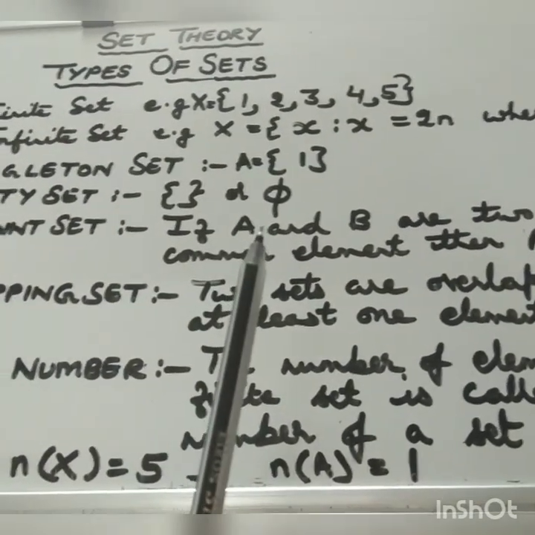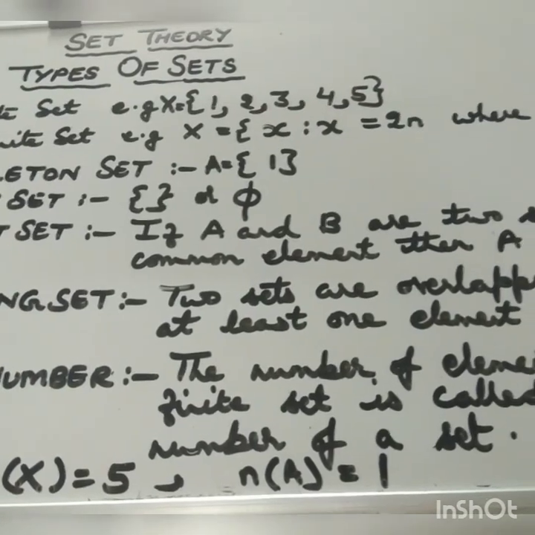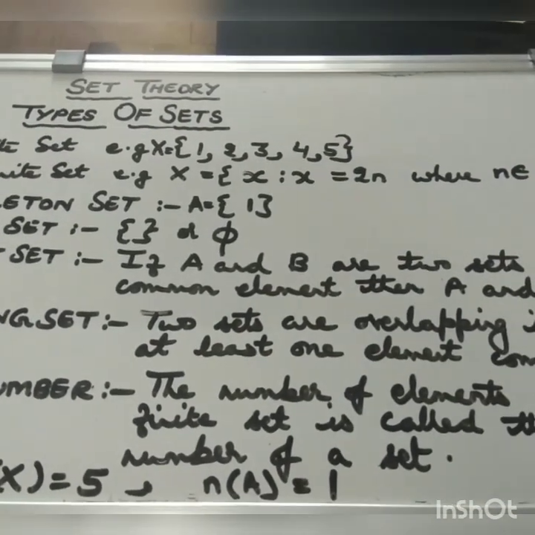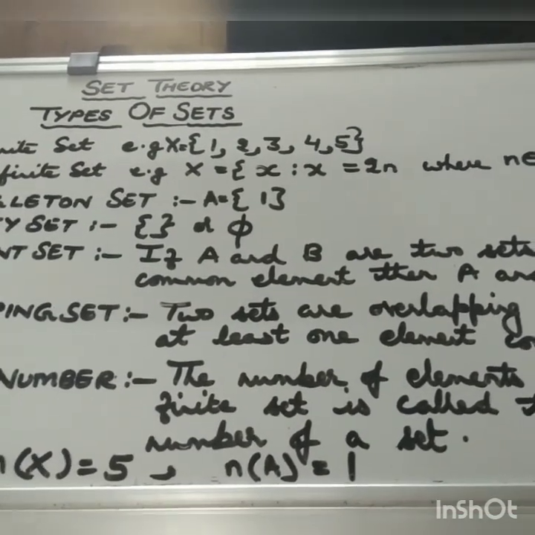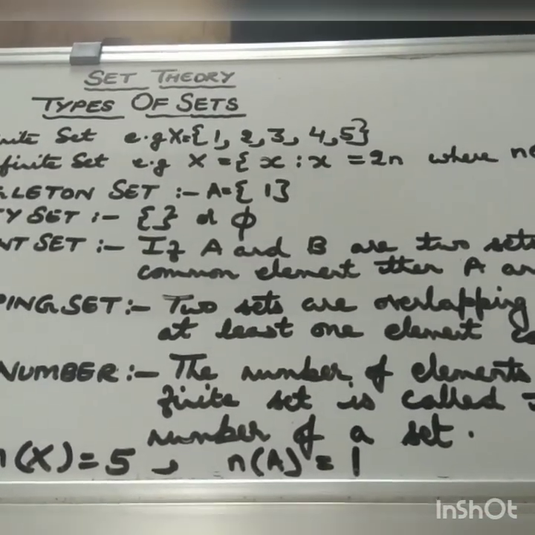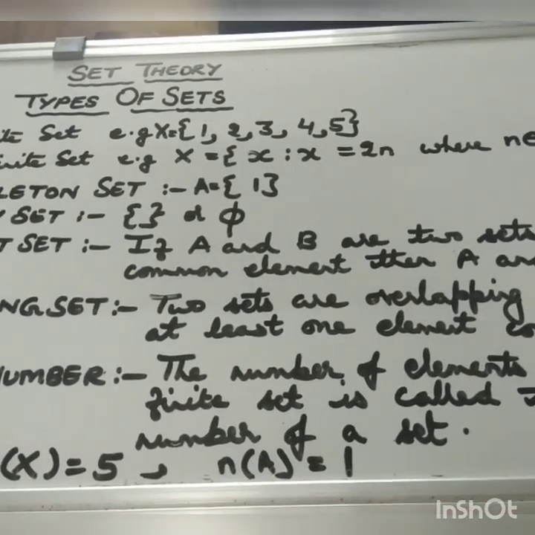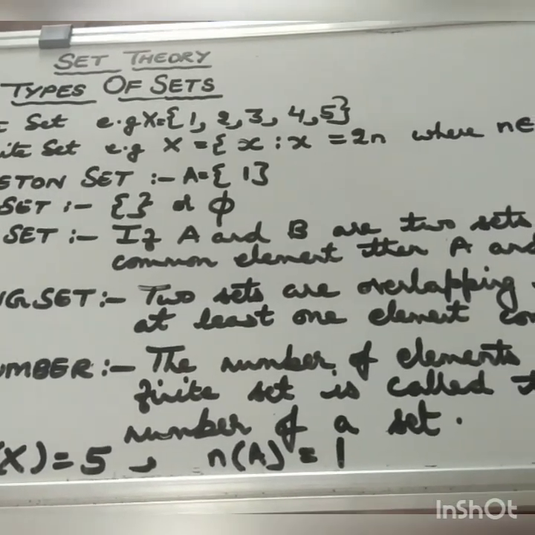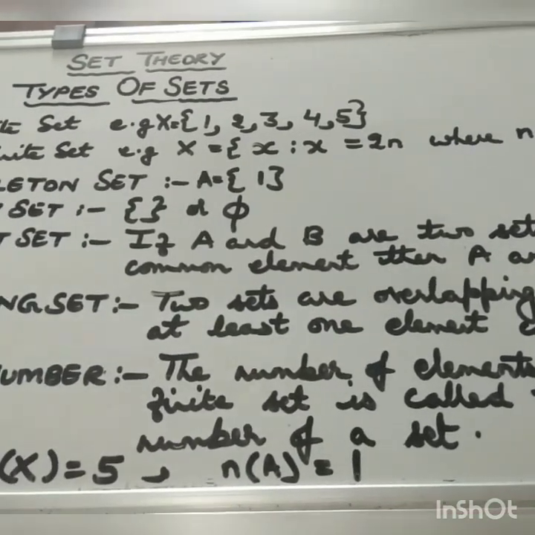Similarly, in singleton set, if I take n of a is equals to 1. Hence, that is how we write out cardinal number of a set. Now we'll try to use this knowledge or these technical terms in exercise 6.2. Let's see how to begin with.